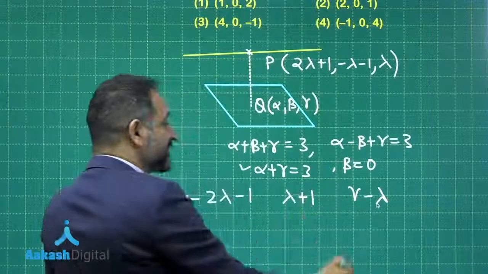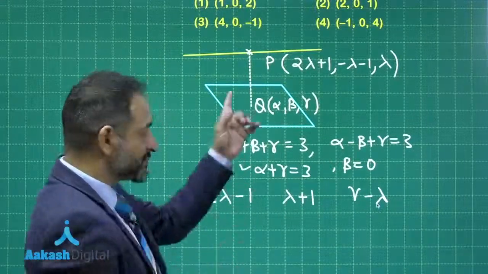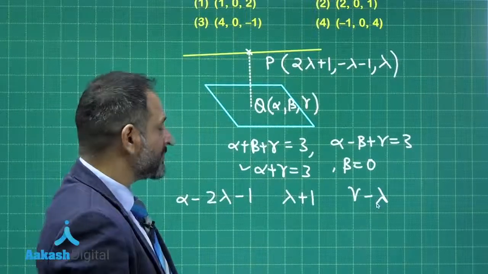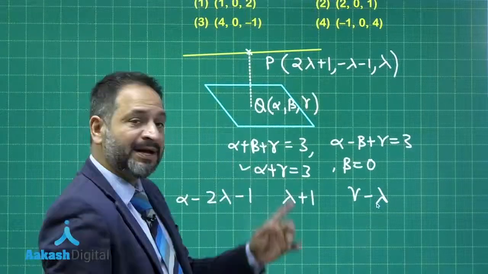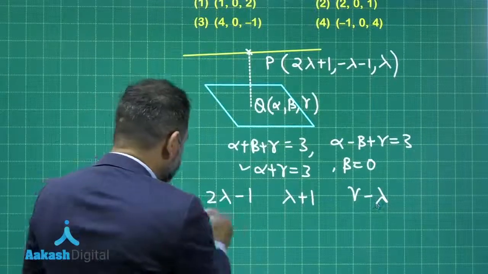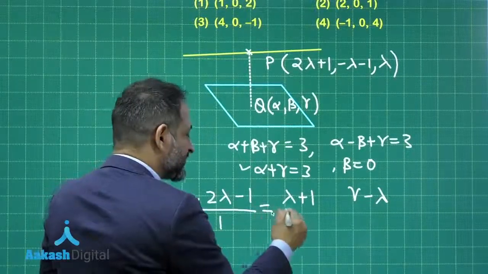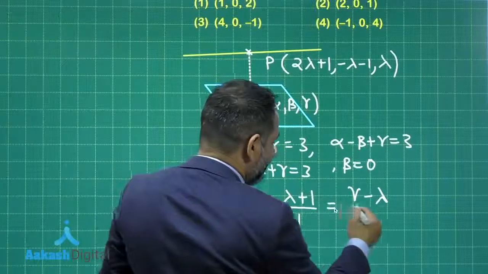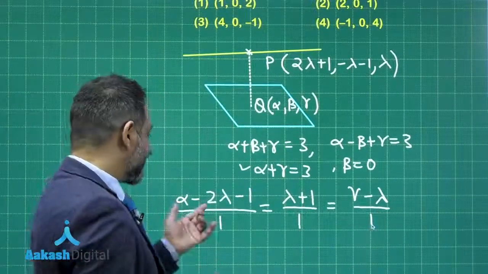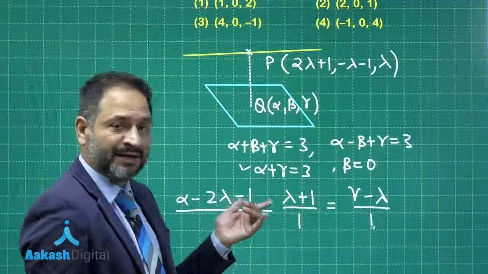Now, these are the direction ratios of PQ, and the direction ratios of the normal to the plane x plus y plus z is equal to 3 is 1, 1, 1. So, the ratios of the direction ratios will be same. So, we have another link here which is linking this alpha, lambda and gamma.